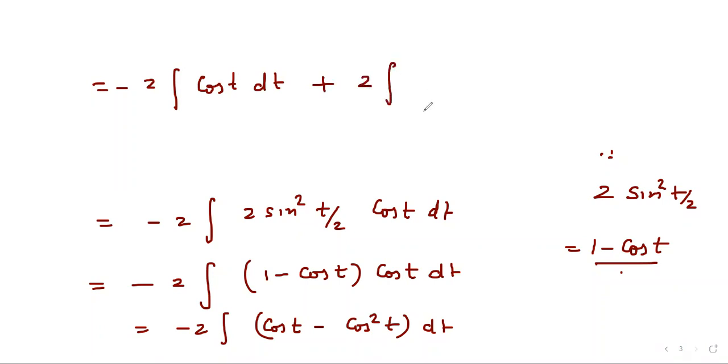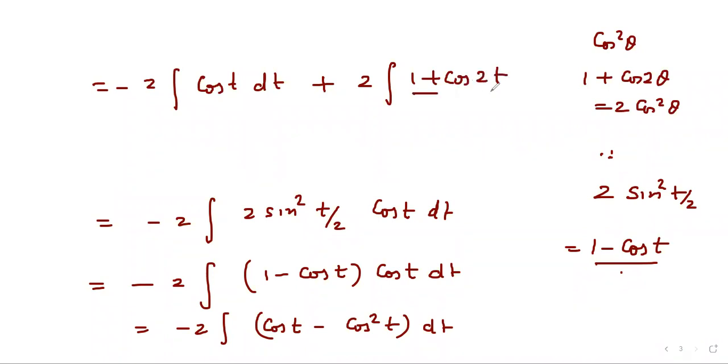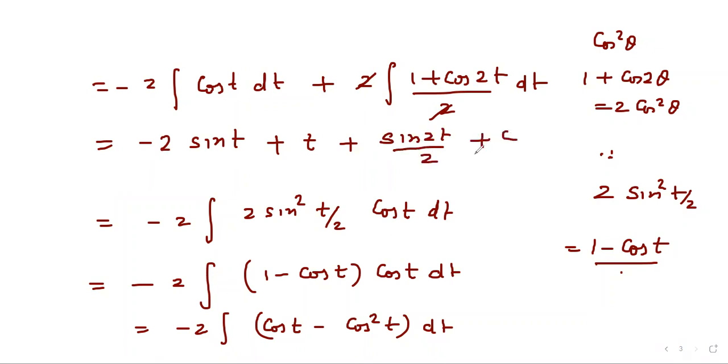So 2 integration cos square theta can be written as, since 1 plus cos 2 theta gives 2 cos square theta, 1 plus cos 2t divided by 2 dt. So this cos t will give sin t, and this 2 will cancel out, and this 1 will give t. This cos 2t will give sin 2t divided by 2 plus c.